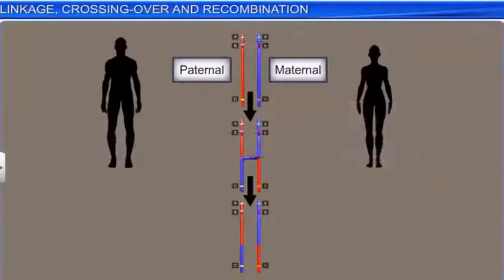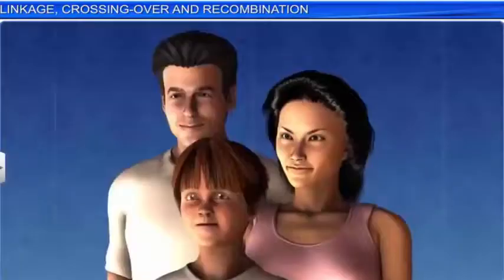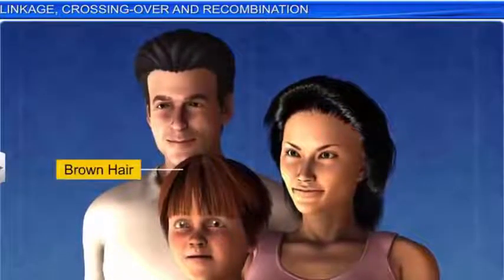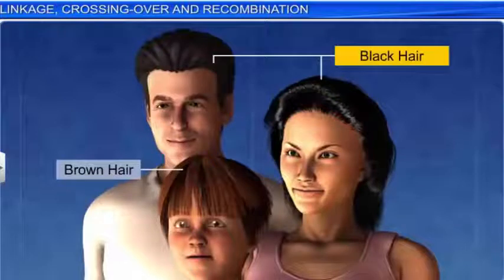This process, where chromatids of a homologous pair exchange segments between them, is known as crossing over. Crossing over leads to recombination or the creation of different combinations of alleles that do not exist in either parent. And hence, it is one of the most important events that lead to variations in offspring.